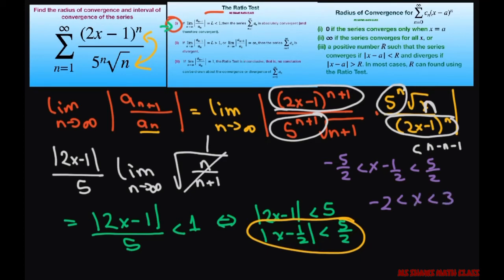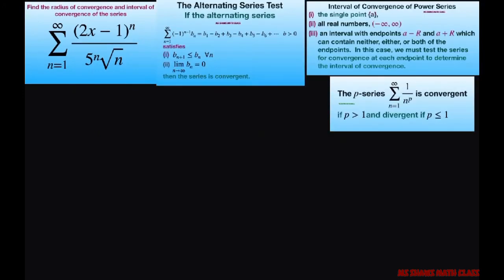Now what we're going to do is test the endpoints. So your R equals 5/2. And now we're going to test the endpoints for our interval of convergence, which is negative 2 and 3. So testing those, when x equals 3, we get the series n equals 1 to infinity of 1 divided by square root of n, which is 1 divided by n to the 1/2.